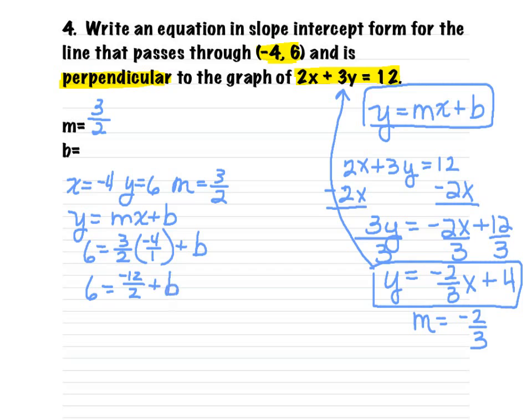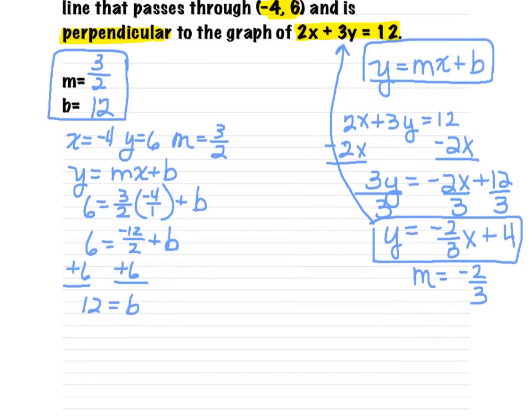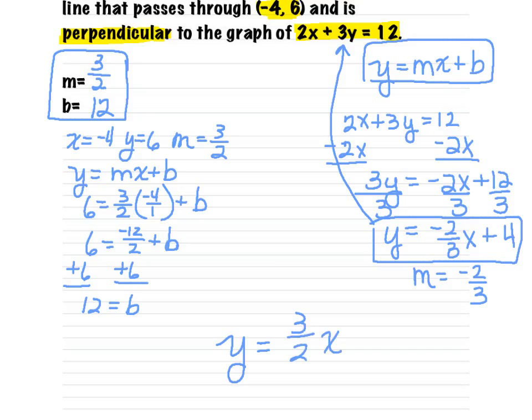-12/2 is -6, so let's add 6 on both sides. So 12 equals b. All right. Now we know m and we know b, so we can write our equation. y equals 3/2 x plus 12.